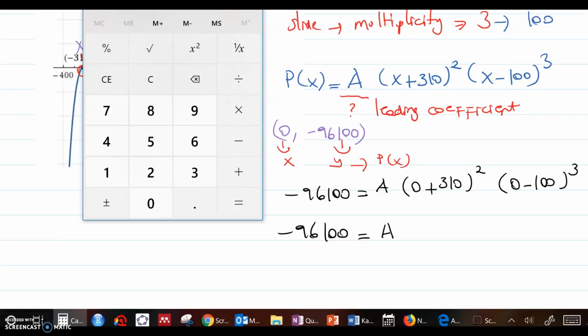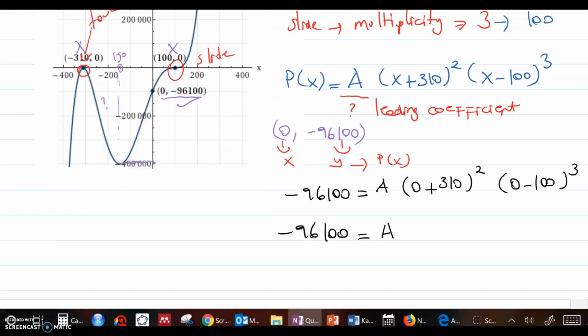So I hope you understood how I get that 96,100. The square of 310 is giving us 96,100. Times negative 100 cubed. That will be a negative number. If you take the cube of 100, 1, 2, 3, 4, 5, 6, that will be the number.